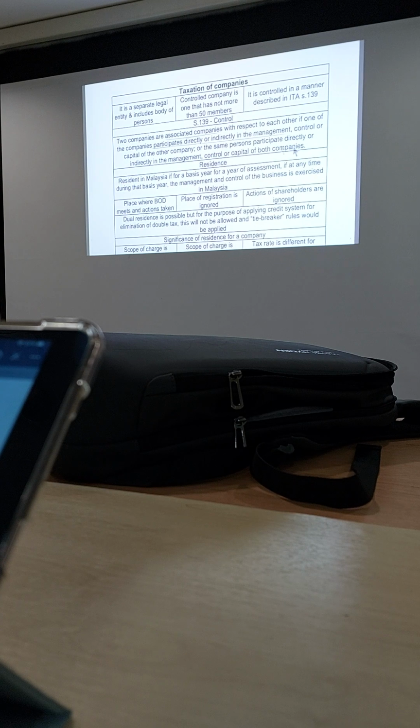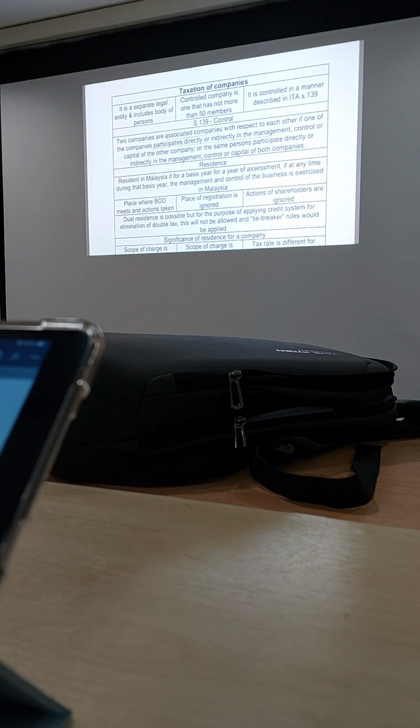So that is, the same person can control both. Section 139 is the definition of control under tax, which is different from the definition of control under IFRS.